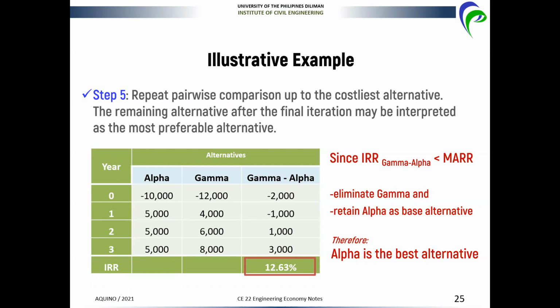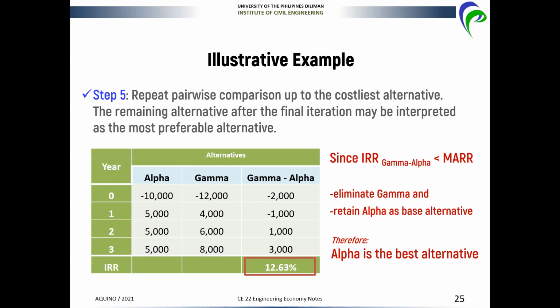So, ito yung incremental cash flow, gamma minus alpha. Negative 2,000, ibig sabihin 2,000 additional initial cost. Tapos for year 1, less yung returns natin kay gamma, so negative 1,000. Pero yung year 2, may additional ka na 1,000 and year 3, may additional ka na 3,000.